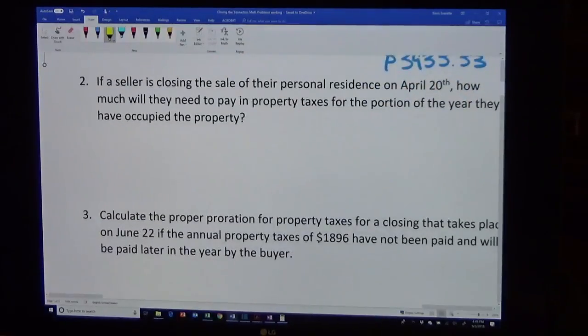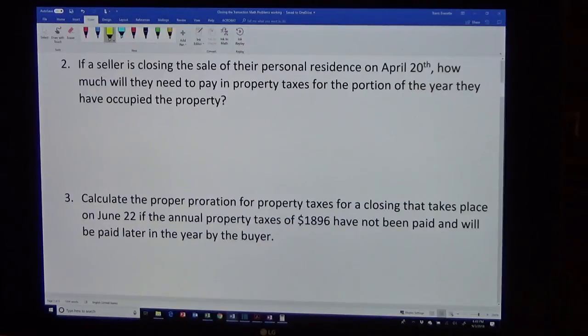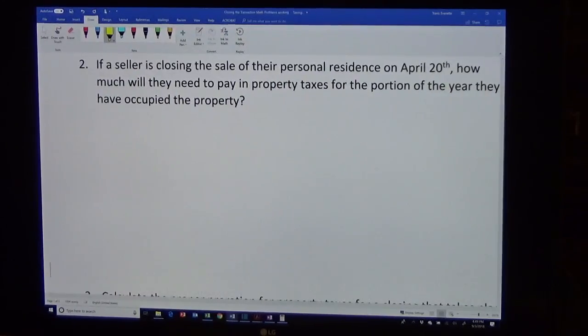Alright, number two. If a seller is closing the sale of their personal residence on April 20th, how much will they need to pay in property taxes for the portion of the year they've occupied the property? So again, it's the same exact type of question.